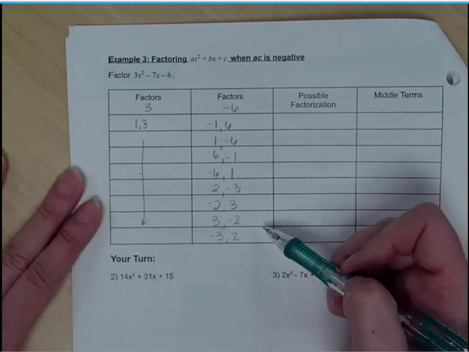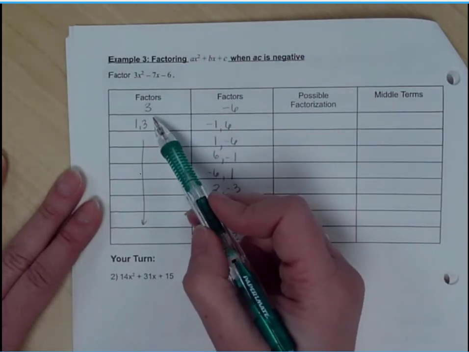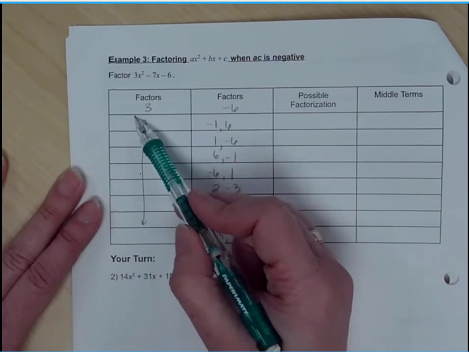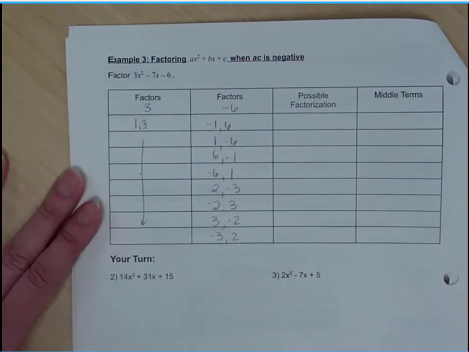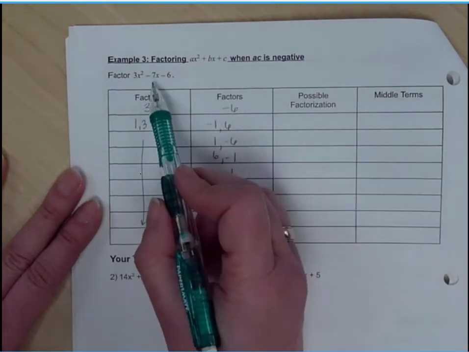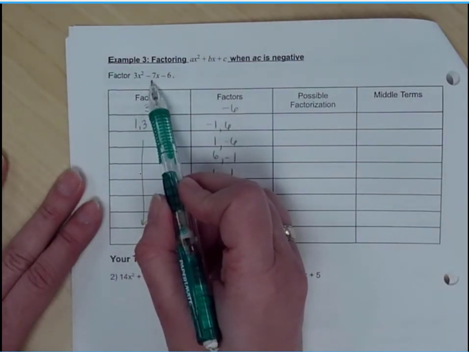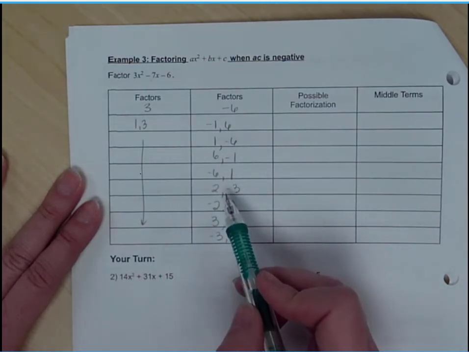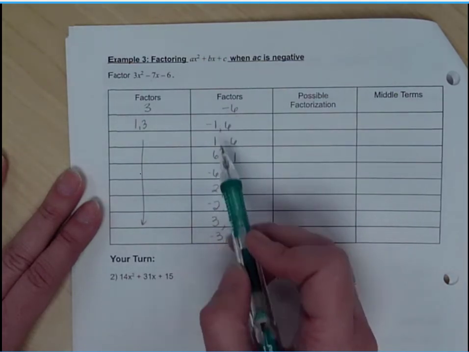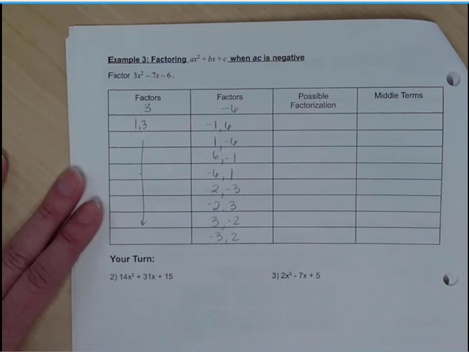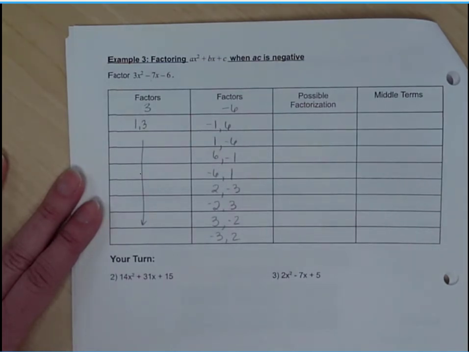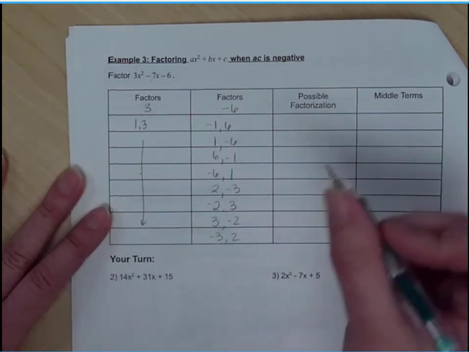Now I have all these choices because I have this factor of 3. So I've got to look to see what we end up with. And my goal here is to have a -7x. Now, I know here with these 6s, I may end up with some pretty big numbers or some pretty small numbers depending on how we do it. But let's take a look.